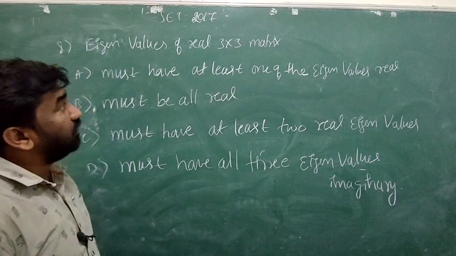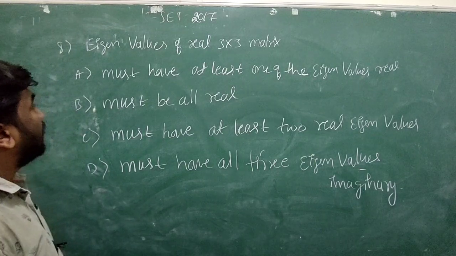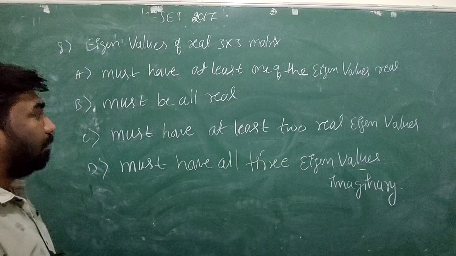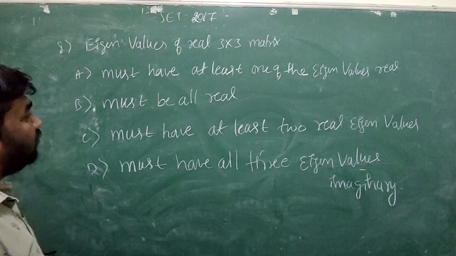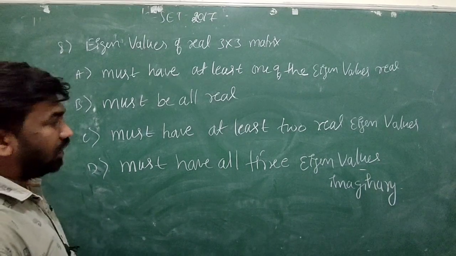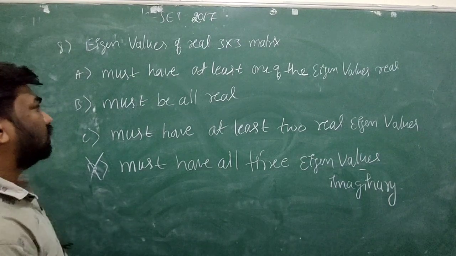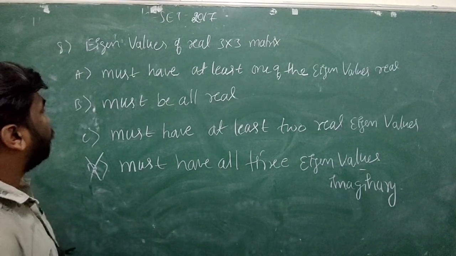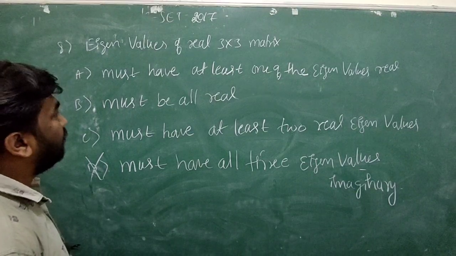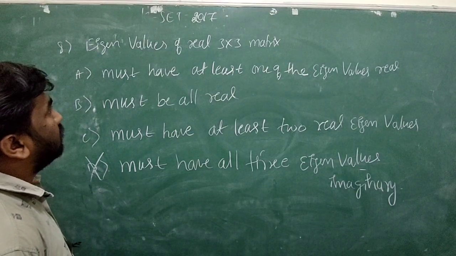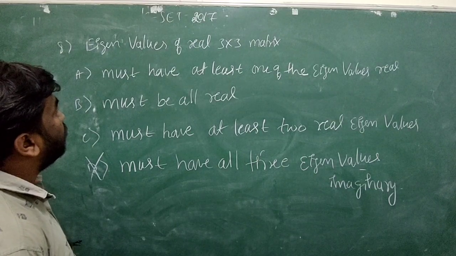So the eigenvalues of a real 3 cross 3 matrix must have at least one of the eigenvalues real, must be all real, must have at least 2 real eigenvalues, must have all the 3 eigenvalues imaginary. This may be wrong. So sometimes we may get imaginary eigenvalues of real 3 cross 3 matrices.